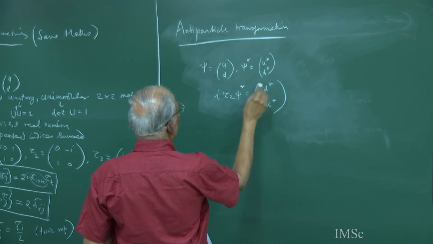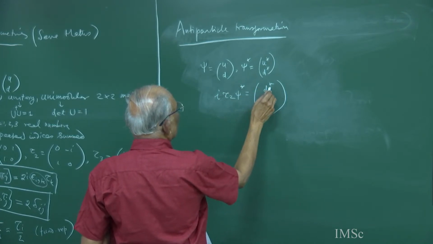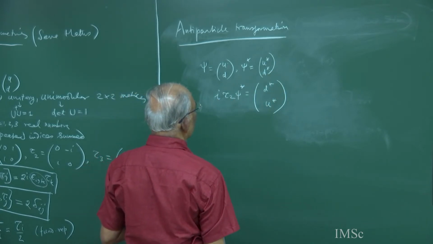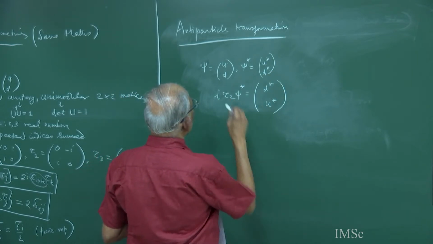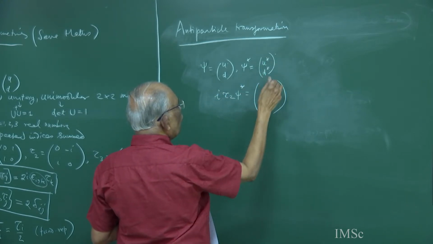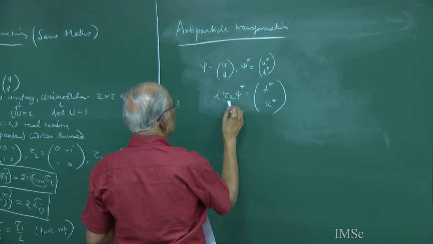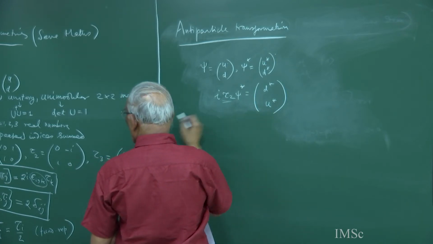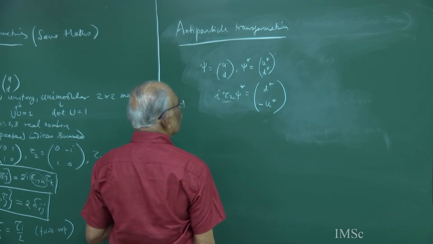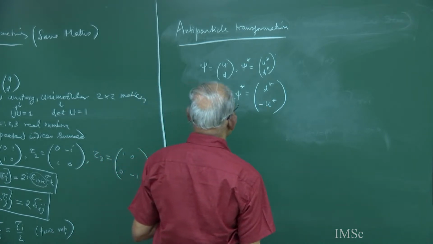But d star is antiparticle to d, so d has I3 equal to minus half, I'm sorry, and d star is plus half, so that has to go up. That is why this i tau 2 does that. But in addition, tau 2 puts a relative minus sign, so there has to be a relative minus sign. This is the correct transformation property.